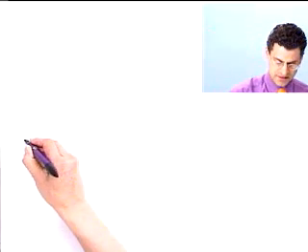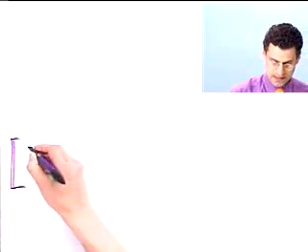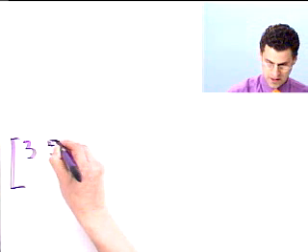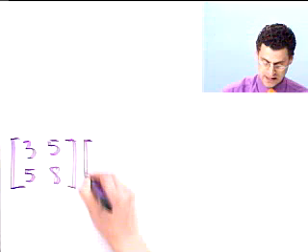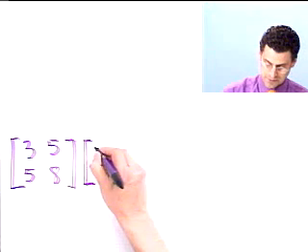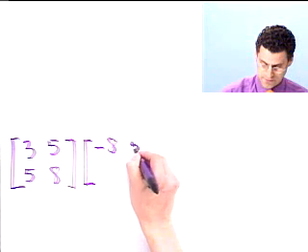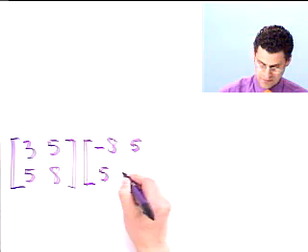What about inverses? Well, let me show you what an inverse would look like. In fact, let me just start anew with an example. Let's multiply these people out. Let's take 3, 5, 5, 8, and let's multiply it by minus 8, 5, 5, minus 3.